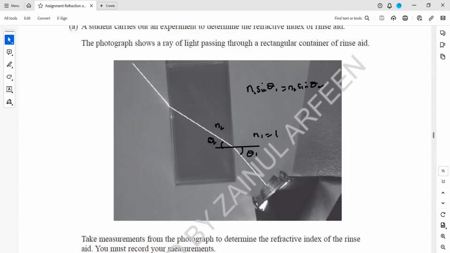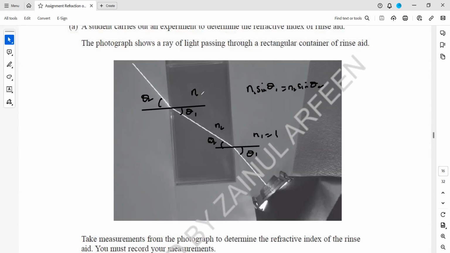So how can you repeat? You can see the other set of results is there, that is when the light is leaving. So this part is also there. For this part, you will have an angle like this, which will be θ1, and this will be θ2. You have to measure these angles.